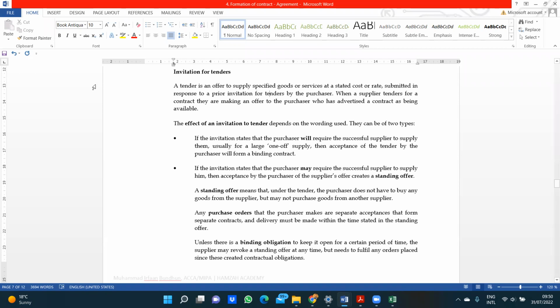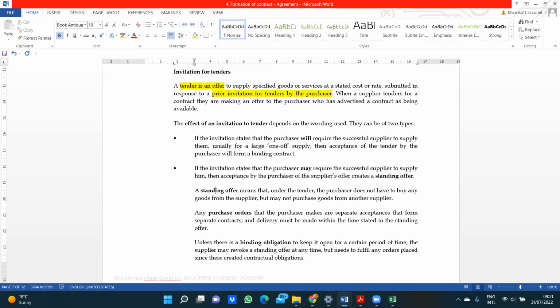The prior invitation by the purchaser is what? An invitation to treat. The tender is the offer. So the tender is an offer in response to a prior invitation for tenders by the purchaser.